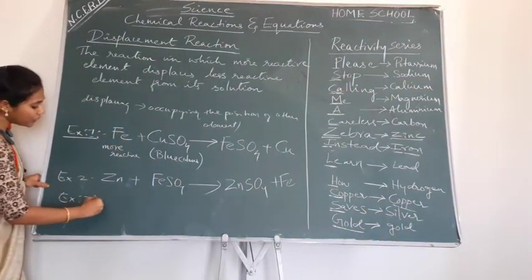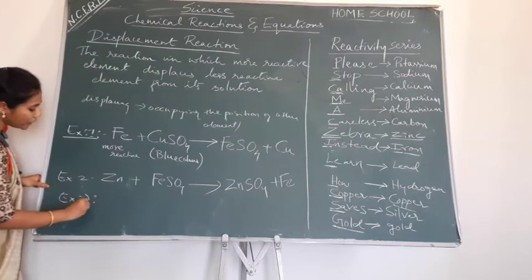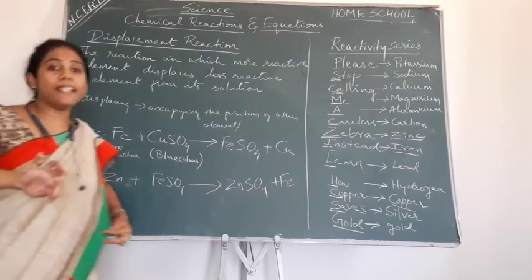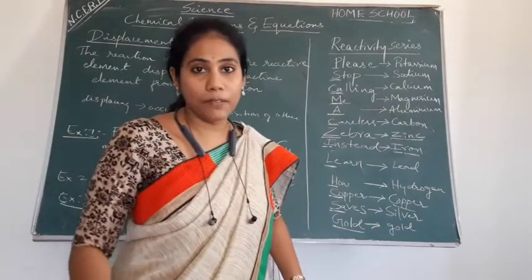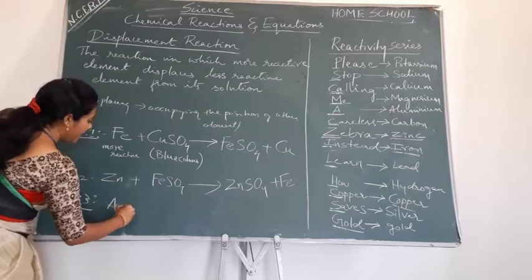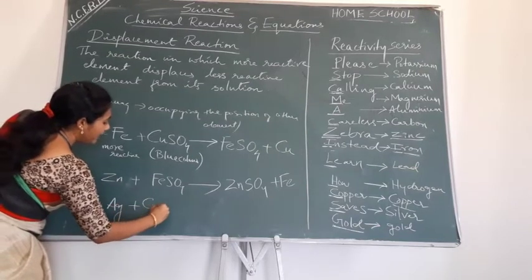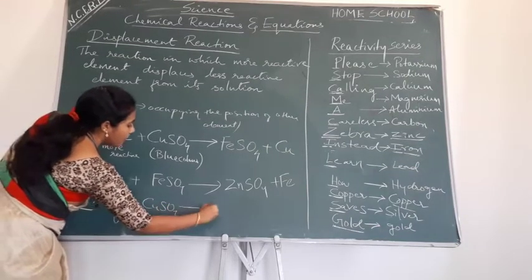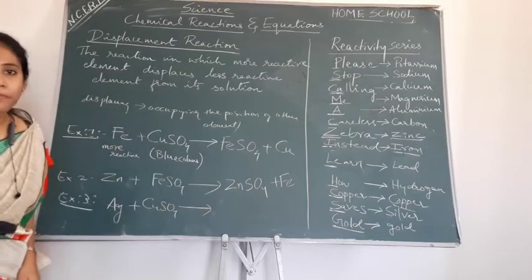Just you are going to tell me whether a displacement reaction takes place or not. Okay? Fine. I will take silver and I will take copper sulfate. Can I get any product?